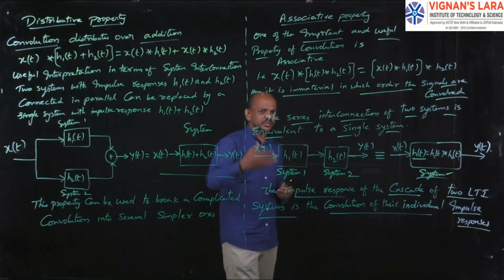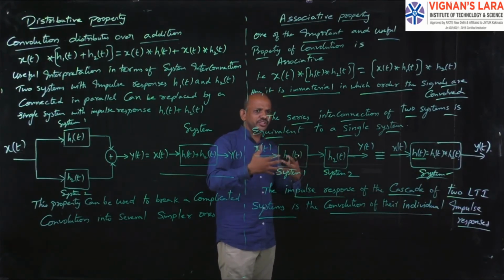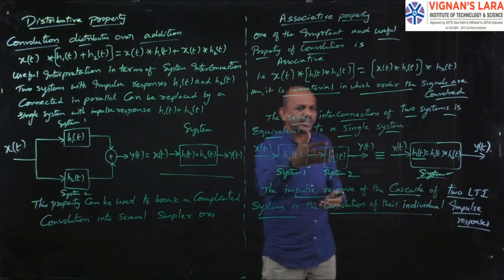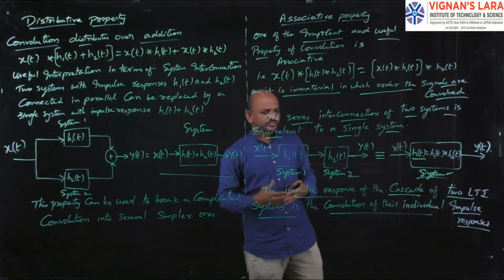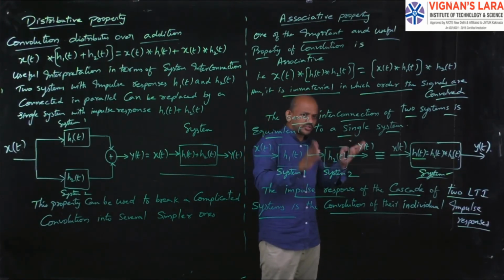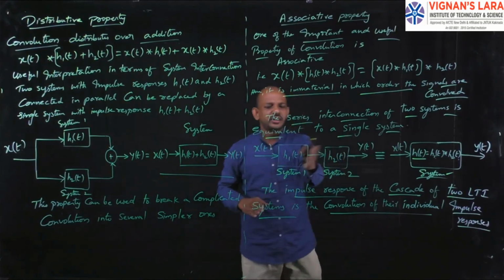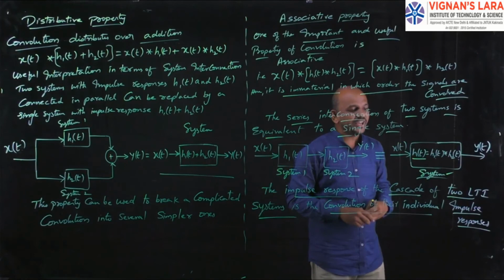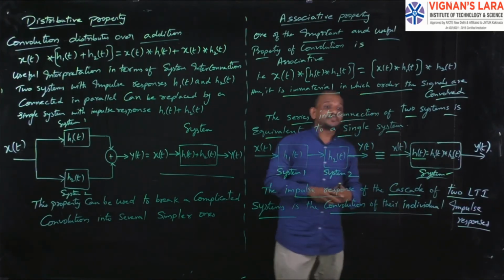So here consider two systems cascaded to each other, with impulse responses h1 of t and h2 of t. The total impulse response of the cascade of two LTI systems is the convolution of their individual impulse responses.